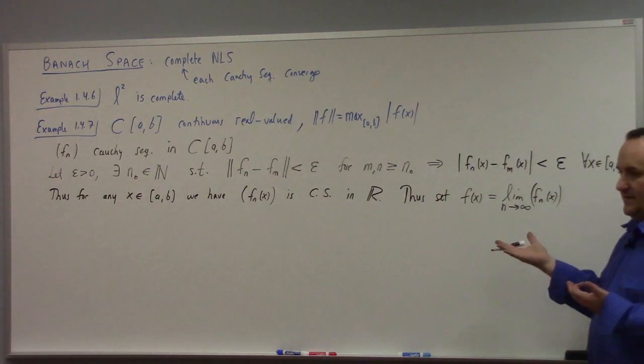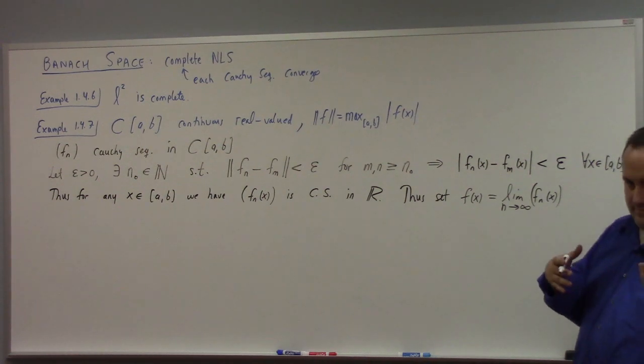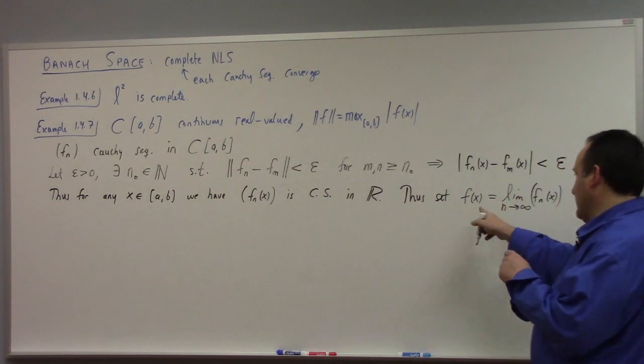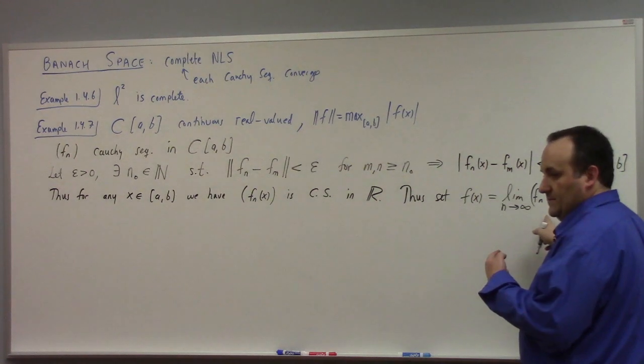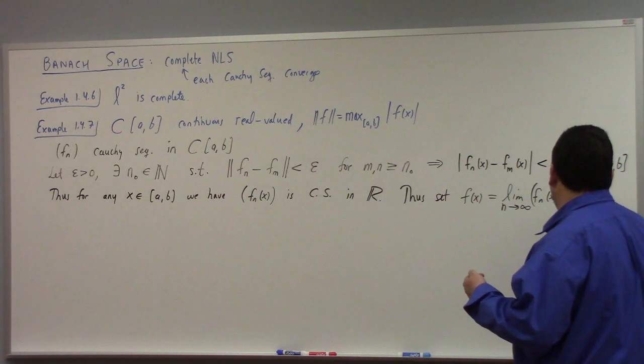We know that that exists, and we can do this for each x. So for each x, we can construct f(x) by the limit of this Cauchy sequence. And this is, again, for all x in [a,b].